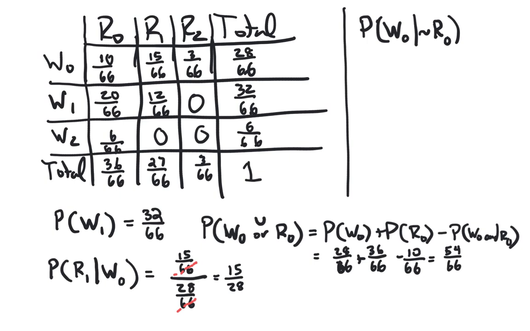So maybe pause the video and see if you can think about how to deal with this one. So we don't have the negation of R0 in our table, but we might be able to build it. Remember, the negation means everything but R0. So pause the video and see if you can figure out how to deal with that.